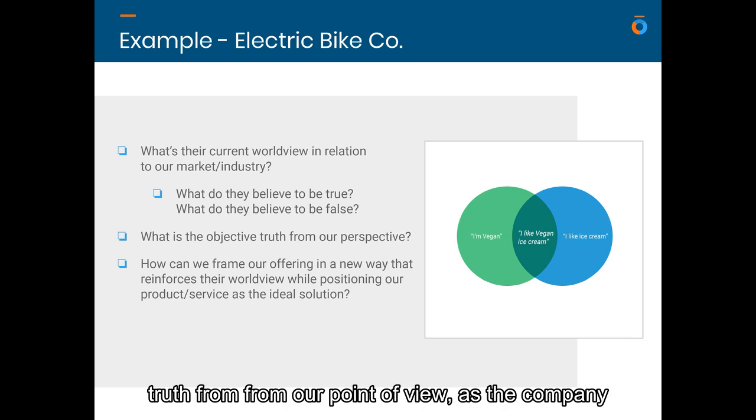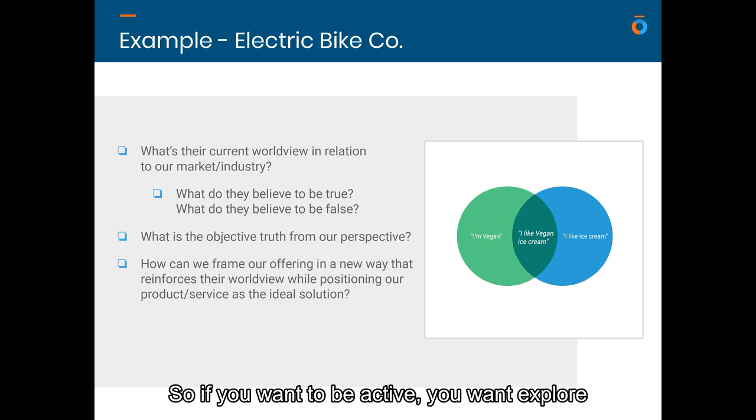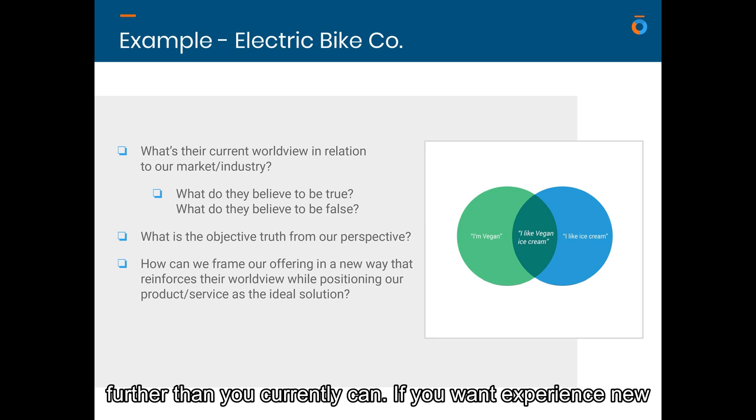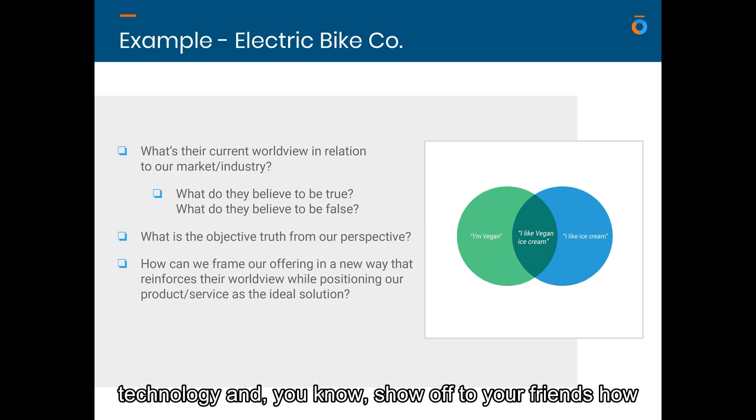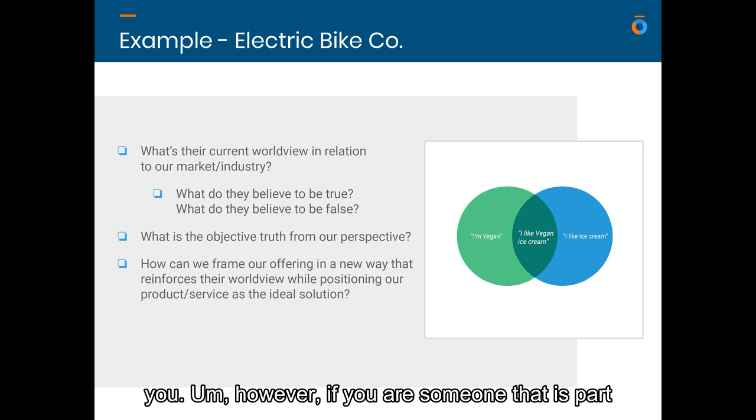And so the objective truth from our point of view as the company is electric bikes are a great option for certain people. So if you want to be active, you want to explore further than you currently can, if you want to experience new technology and show off to your friends how cool it is, then this is the perfect solution for you.